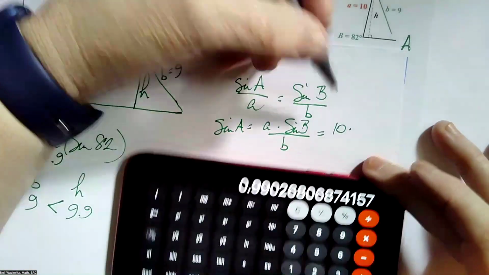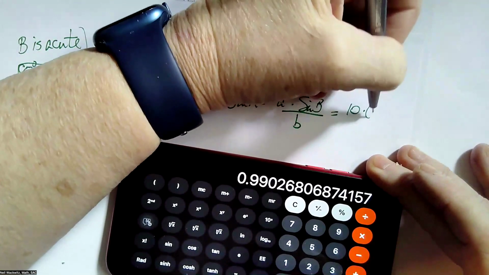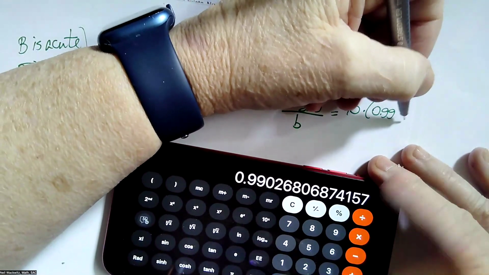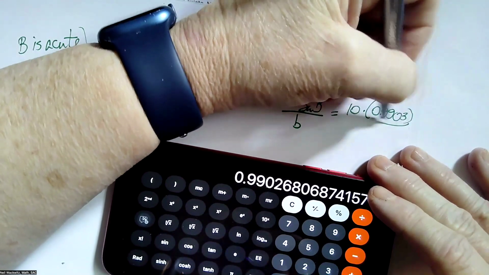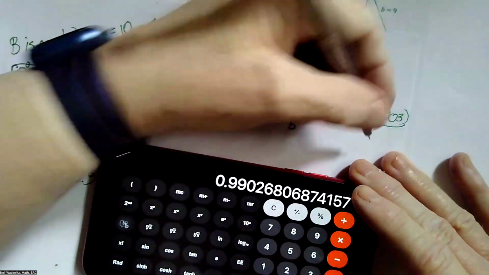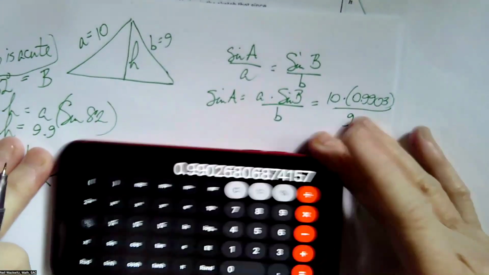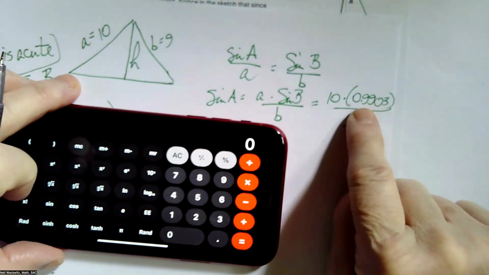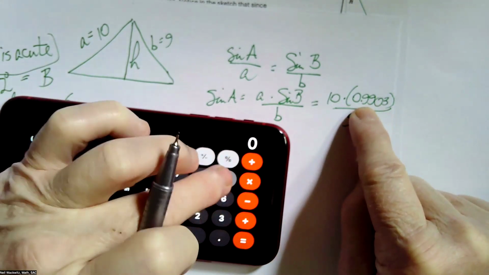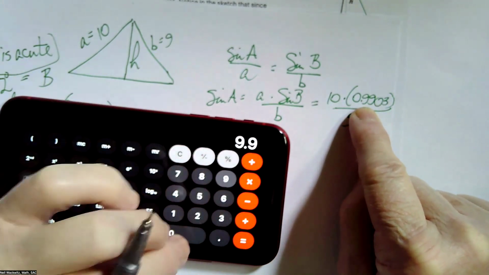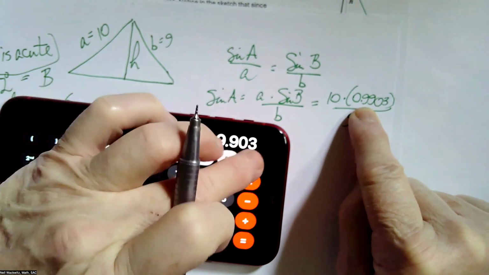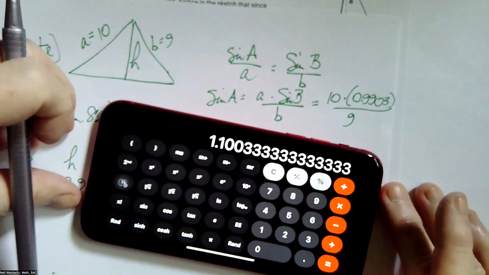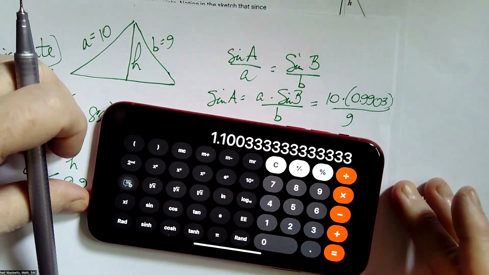sine 9903 divided by 9. So this product is just going to be 9.903, and we're dividing by 9. Do you see that we get a number larger than 1?